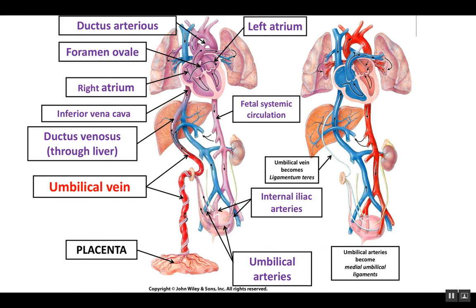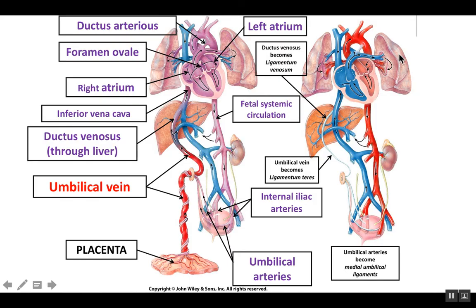The umbilical vein becomes a ligament. The ductus venosus becomes a ligament. And the foramen ovale closes and becomes a fossa ovalis. And we already know that the ductus arteriosus becomes the ligamentum arteriosum.